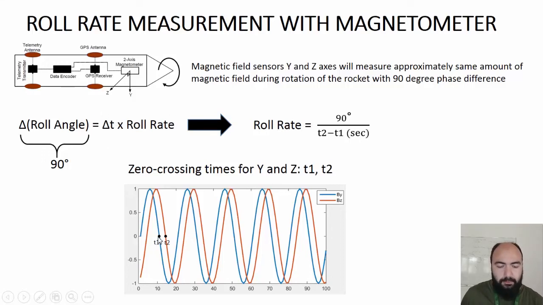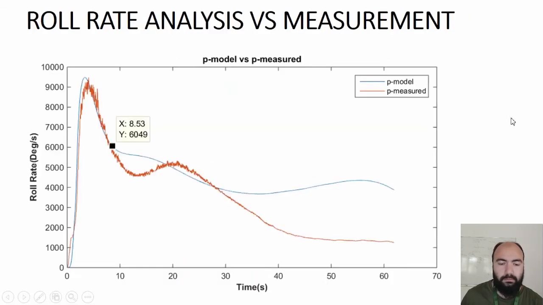If we take the zero-crossing times for the y-axis and the z-axis, we can take the difference of T2 and T1. So we know the time difference, we know the angle difference, so we can calculate the roll rate. So here are the results.